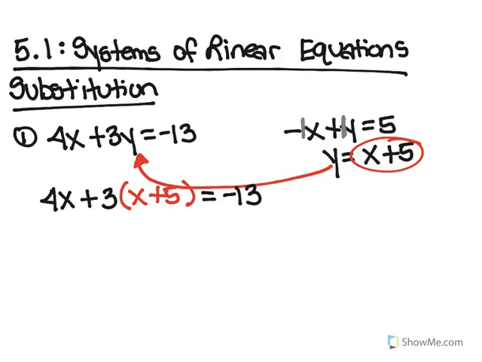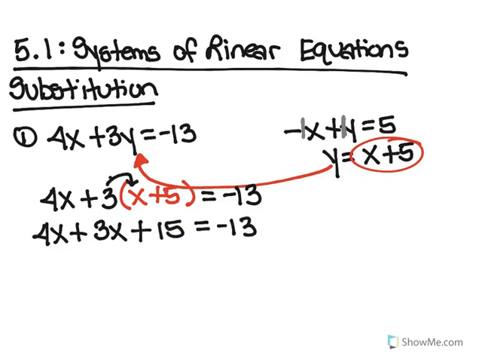And I'm going to solve this equation for x. So I have 4x plus 3x plus 15 equals negative 13. You do know you distribute. Combine like terms. 4x plus 3x is 7x.